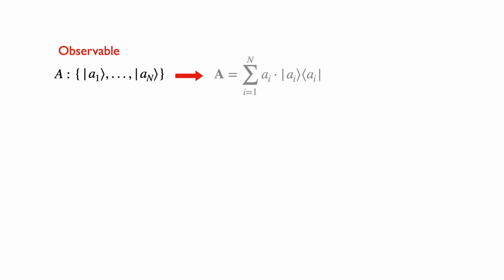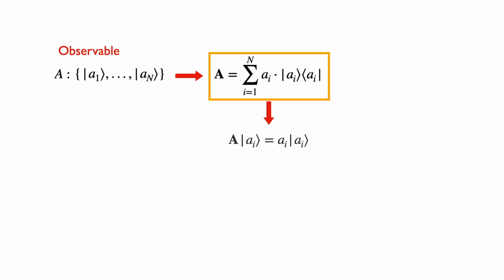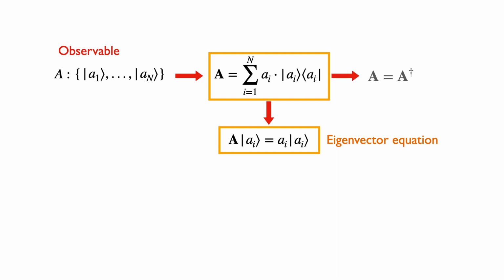Previously, we have shown how using the basis associated with an observable, its operator representation could be constructed. Due to the orthonormality of the basis, the operator automatically satisfies the eigenvector equation with the basis vectors Ket-bras as the eigenvectors and the associated measured values as eigenvalues. We have also shown that if the eigenvalues are real, the operator A is then Hermitian.